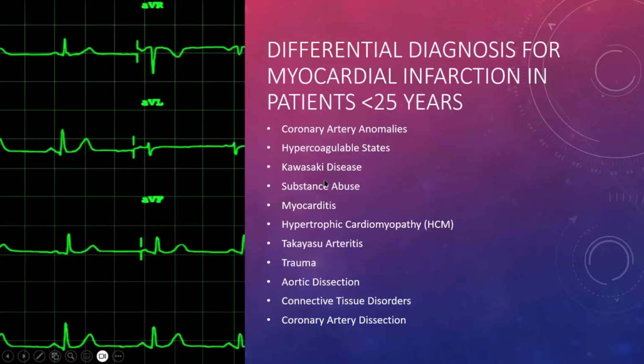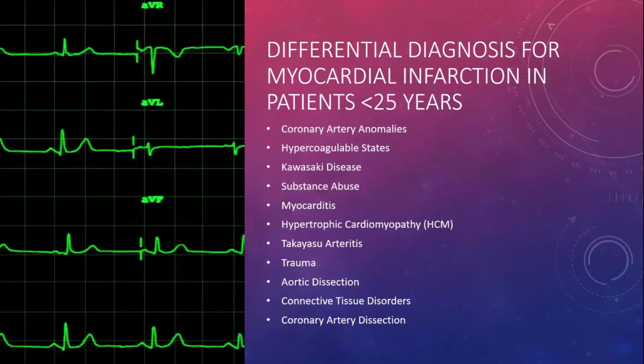Substance abuse can definitely cause symptoms similar to an infarct. Myocarditis also, which we've seen a rise of recently. Hypertrophic cardiomyopathy, a bit more common in young men and very common in steroid users as well. Trauma, aortic dissection, and connective tissue disorders, coronary artery dissection.